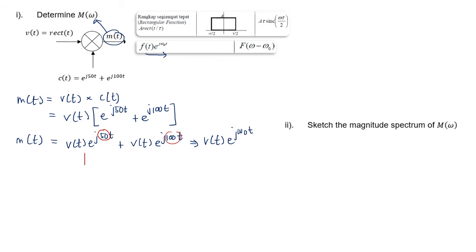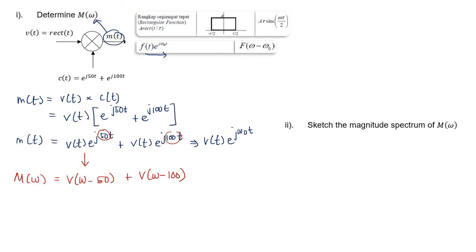So this one you'll have V(omega minus 50) plus V(omega minus 100). So this is your M(omega).